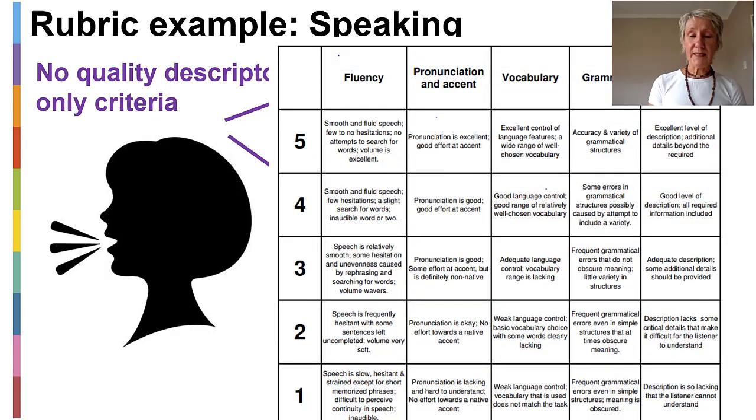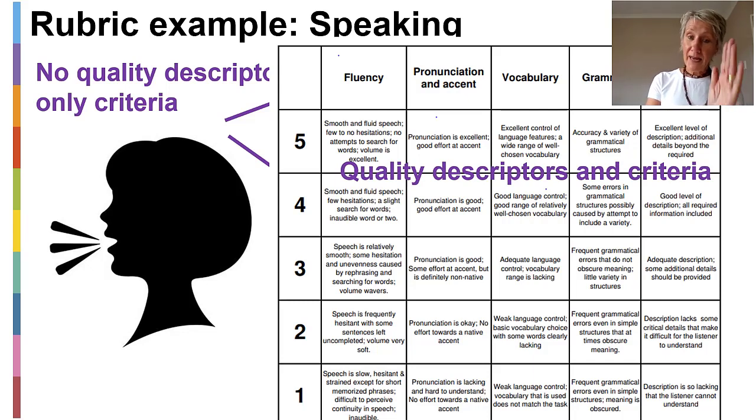Another way of doing this is this type of rubric where you're actually going to have all the criteria at the top: fluency, pronunciation and accent, vocabulary, grammar, and then details. So you'll have all of those over there at the top, and you'll have the rating scale on the side. So this gives them a more accurate, maybe more transparent verification of their grade, because it might be very fluent, so they get a 5 there, or it might be only 1.